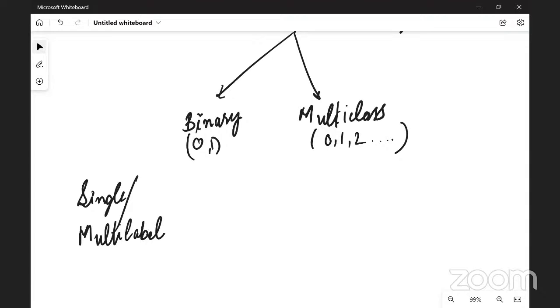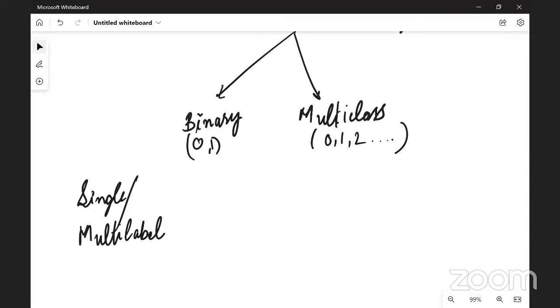So this is single label. Absolutely right. So flower classification is a single label, multi-class classification problem. But in a picture of fruits, if we want to say which fruits are there, it can have apple, banana, grape, and all. So this is multi-label because different things are possible.